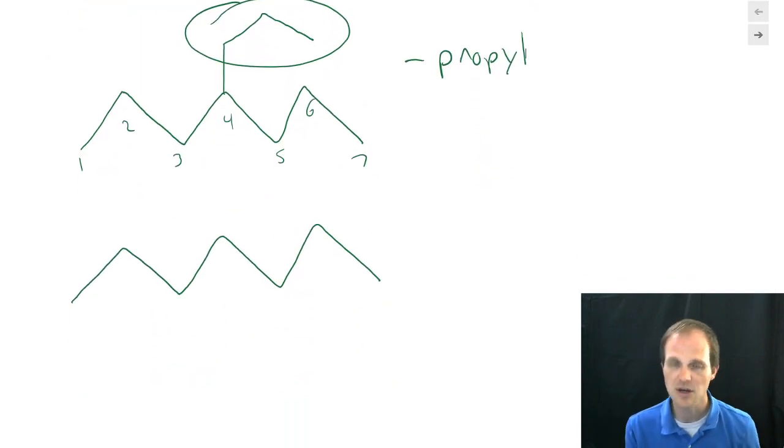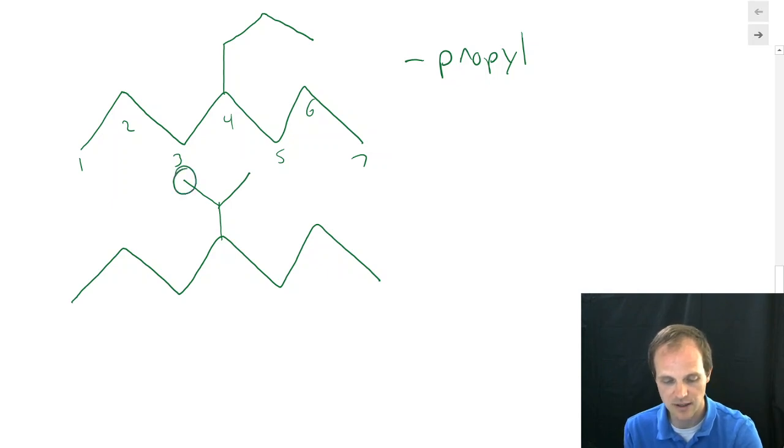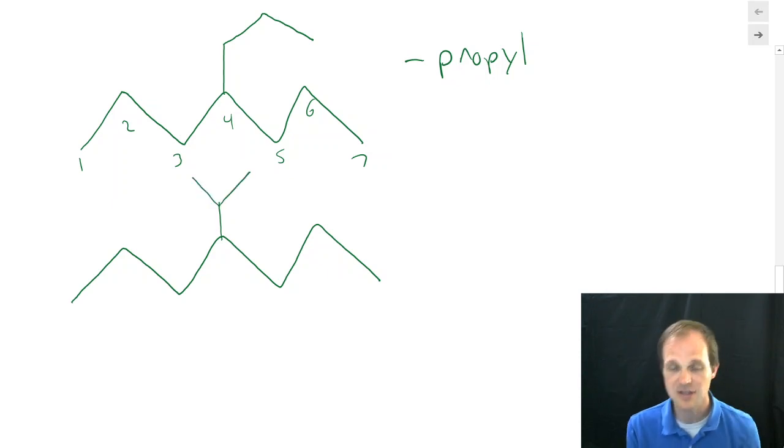But it turns out you can also draw, instead of attaching it to the end carbon of your 3 carbons, you can attach it to the middle carbon of your 3 carbons. I still have 1, 2, 3 carbons sticking off there, but I'm now attached to the middle carbon instead of the end carbon, and that actually is different chemistry-wise.